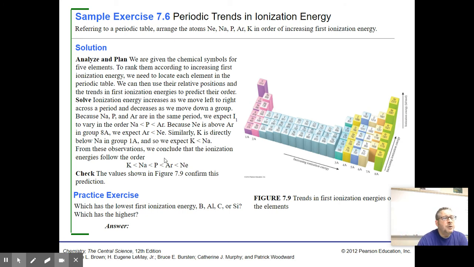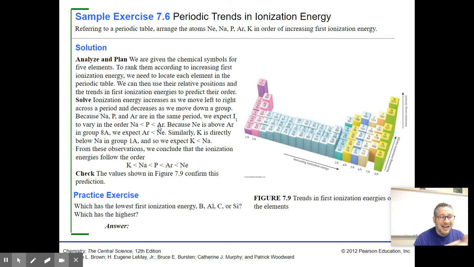So what we do notice is that sodium, phosphorus, and argon are in the same period. So in terms of ionization energy, we know that going left to right, our ionization energy increases. So just looking at those 3 out of the 5 elements, we're going to have the order sodium, phosphorus, argon.